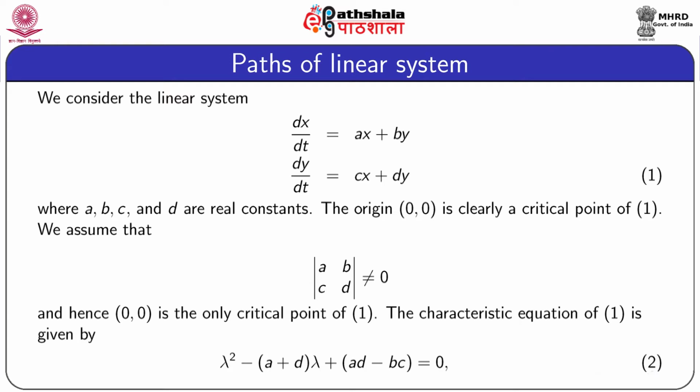If you expand that, you will get the characteristic equation as λ² - (a + d)λ + (ad - bc) = 0, given by equation 2. Previously, we have seen that if the roots of the characteristic equation 2 are real and negative, then we get a stable node. Here we will prove mathematically that we actually get a stable node.